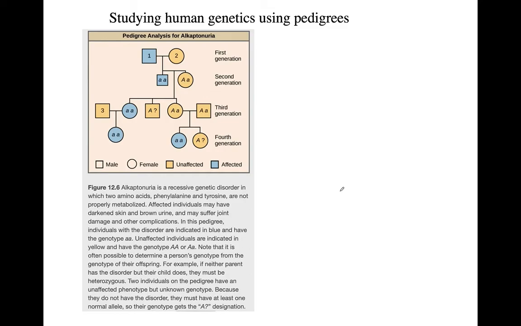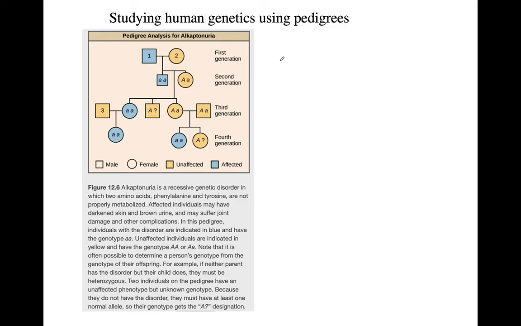Pea plants and flies are great model systems because the generation time is short, and many offspring are made at each generation. So that allows geneticists to do statistics. It's easy to do that. But with human beings, you really can't do that. You can't set up crosses at will to study human genetics. So all scientists are left with is what they have in human families and different generations.